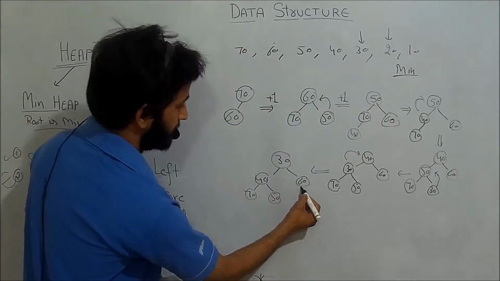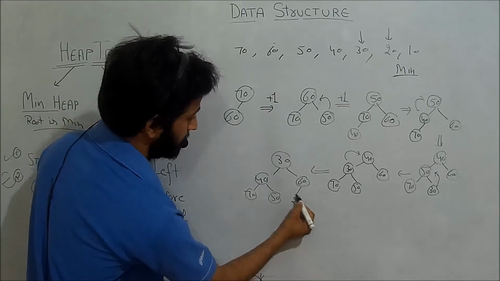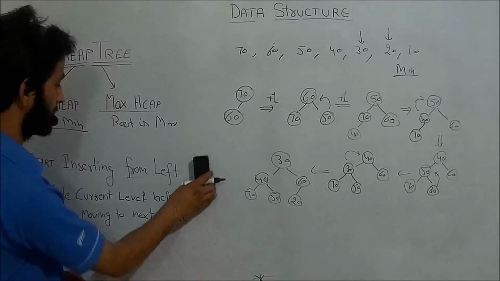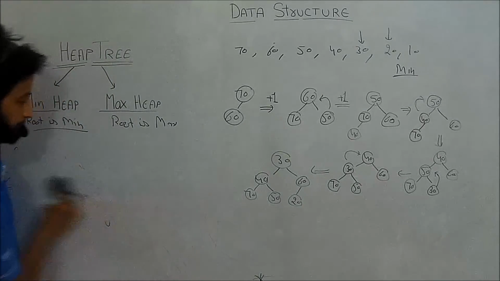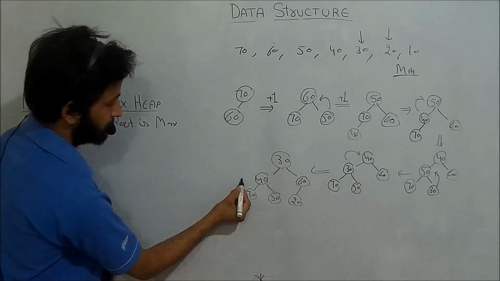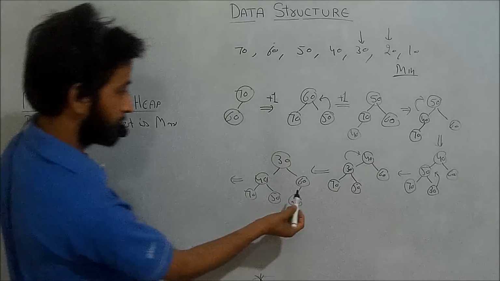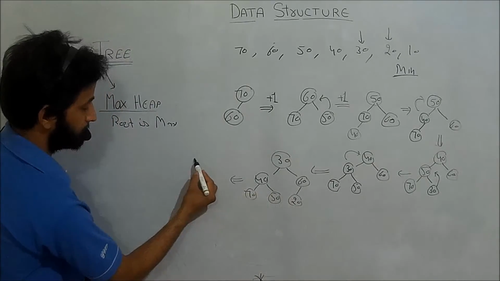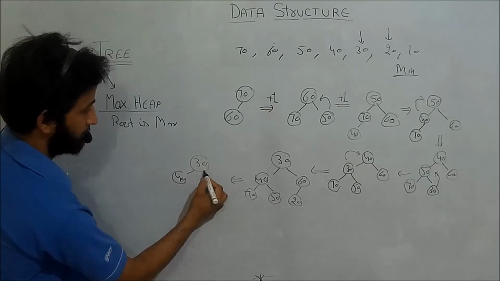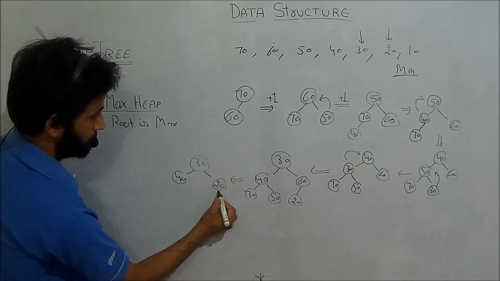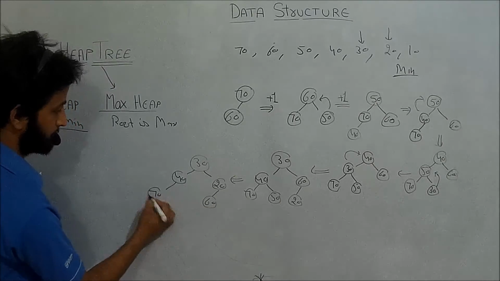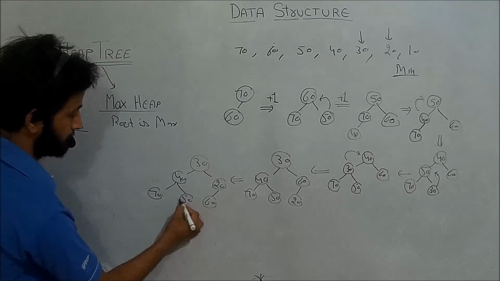20 I will insert here, but after inserting I have to perform interchange. Okay, so after interchanging, the resultant tree will be 30, 40, 20, 60, 70 and 50.